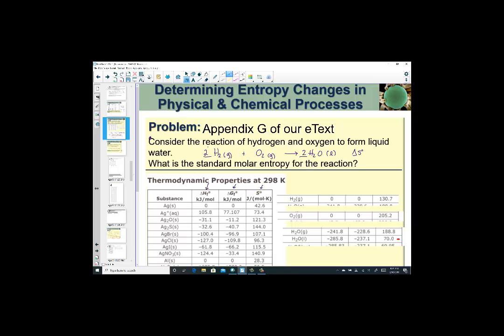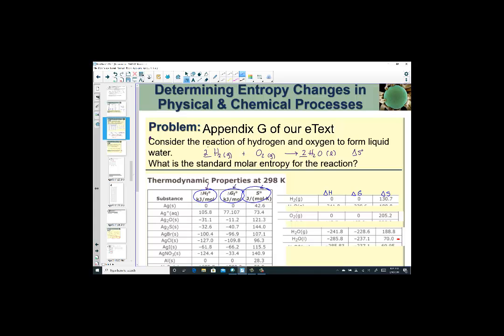So we want to make sure that we remember that it goes delta H, delta G, delta S. And so if you're quickly scanning down a long appendix page and you lose sight of what the top of the column is reading, just remember it will always go in that order: enthalpy, Gibbs free energy, followed by entropy in the last column.